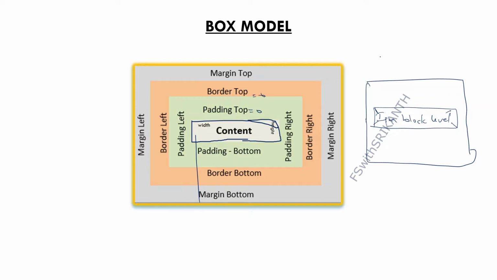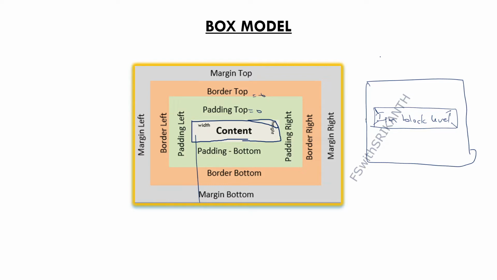Why? Because the padding is 0. If we have a good grip on the box model, we can represent the content effectively. The box model is very important in real time.